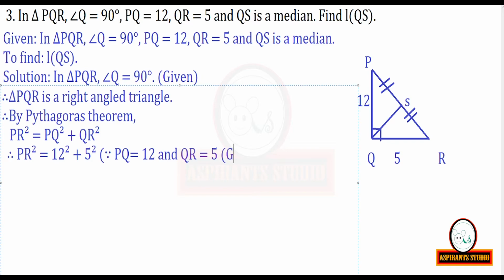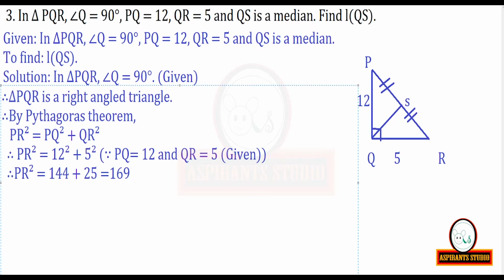By the given data, you get PQ is equal to 12 and QR is equal to 5. Then in the next step, PR square is equal to 144 plus 25. That is equal to 169.